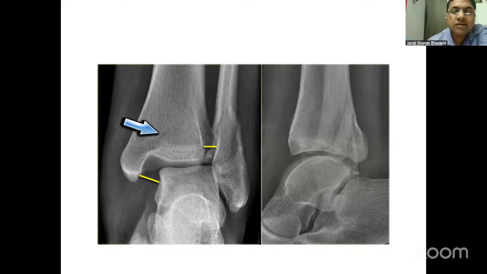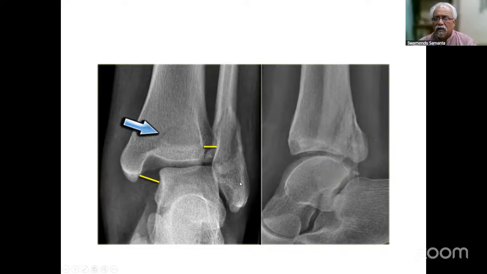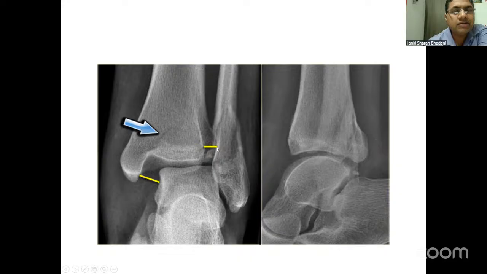I have also marked it for your understanding. You see how much the talus has been shifted. Someone has written ankle dislocation in the chat box. Can you specify? Okay.